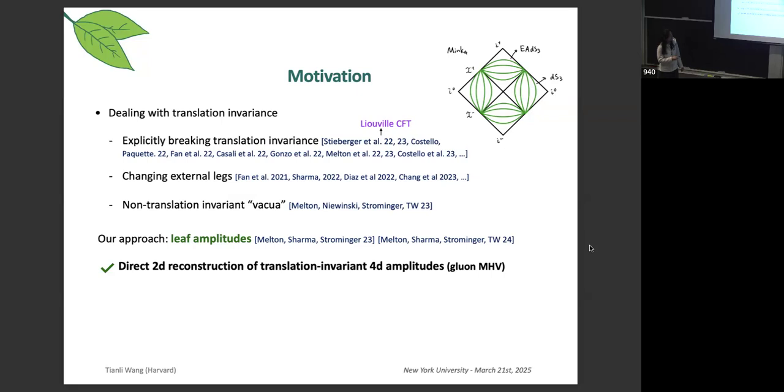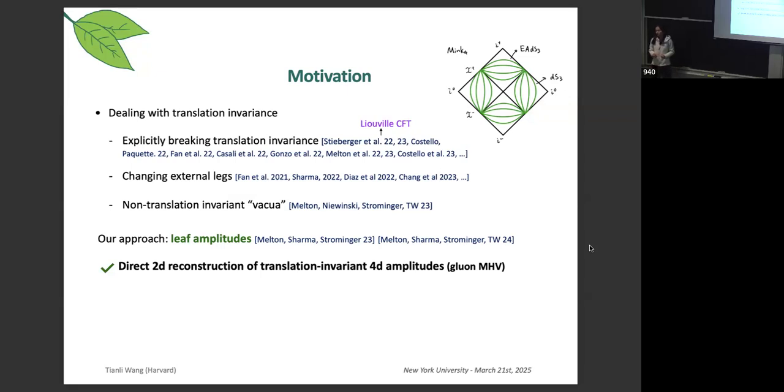So in this paper, the authors wrote the full scattering amplitude as an integral over the entire space-time and took only the part of the integral over only one slice like this, and obtained a leaf amplitude. So naturally, leaf amplitudes break translation invariance while preserving Lorentz invariance. So that's great if we want to construct a CFT dual for them.